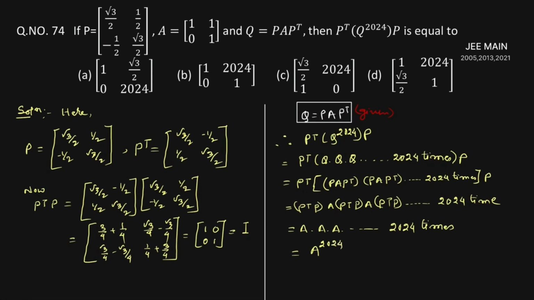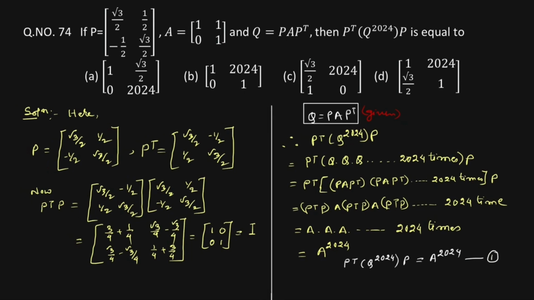Now we are able to write P transpose Q to power 2024 P, which is equal to A to power 2024. We take this as equation number 1.